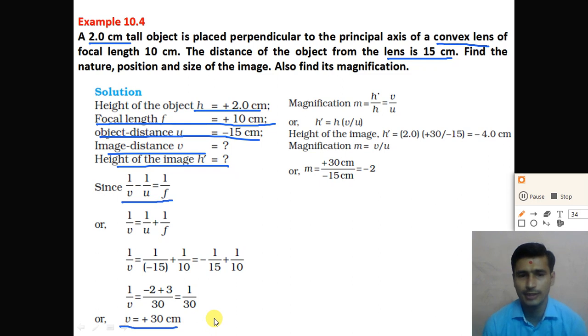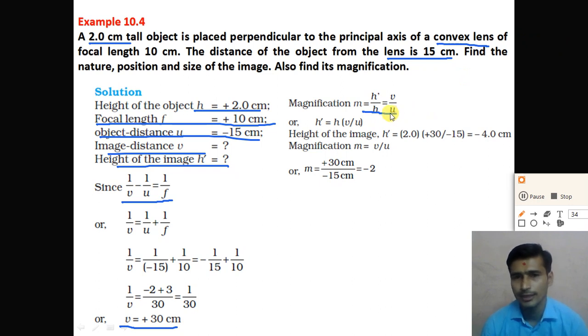So that means the image will be produced at a distance of 30 centimeter on the right side of the lens, right? So the image produced by the lens is real and inverted, at a distance of 30 centimeter from the lens on the other side of the object. Now the magnification m is equal to h dash by h is equal to v by u.